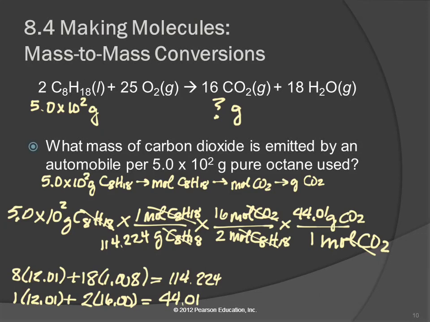So I've got 5.0 E2, multiply by 1 if you like, divide by 114.224, times 16, divided by 2, times 44.01, divide by 1 if it makes you feel better, equals. It's not going to fit up there, so I'm going to write it down here. This is what my calculator says. And that will be grams of CO2.